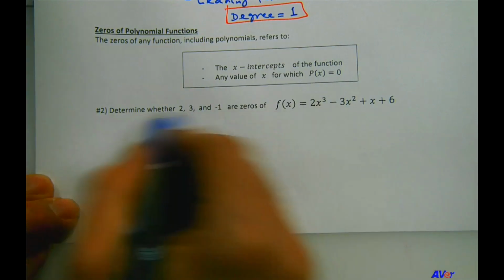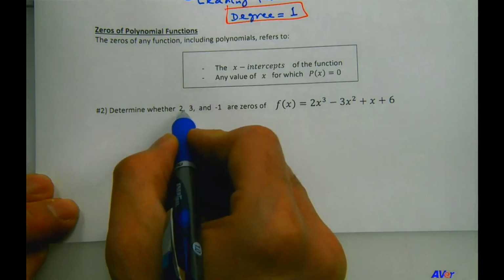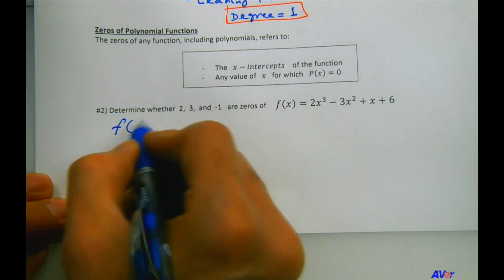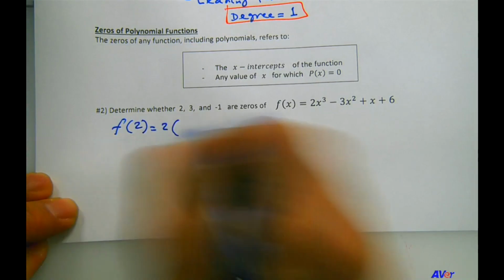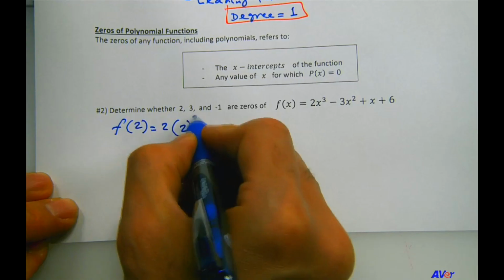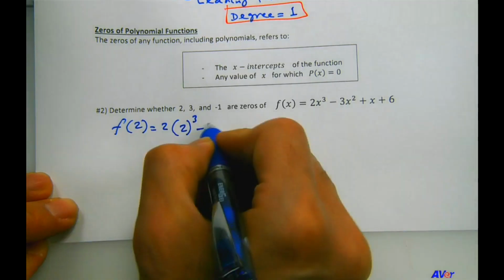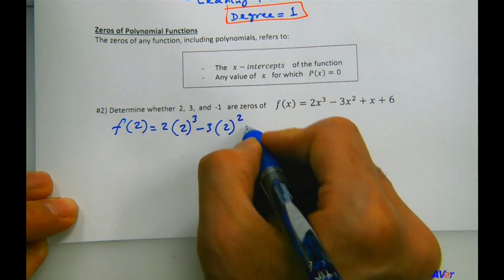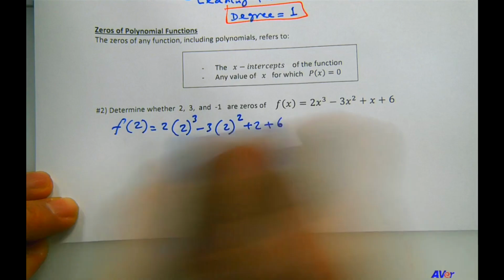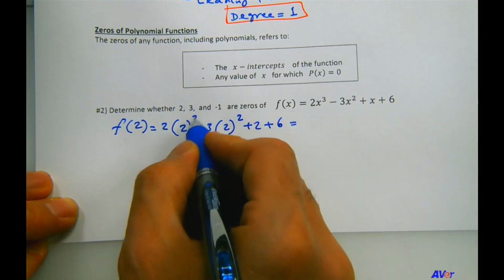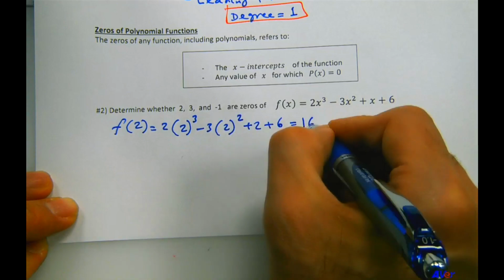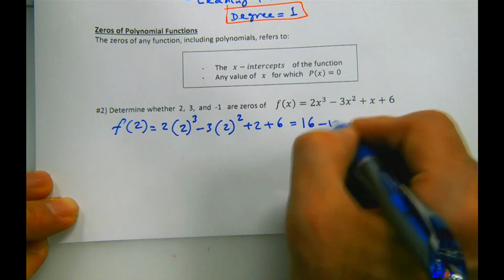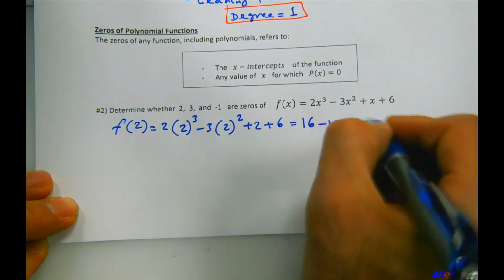To find whether these are zeros of this, we need to evaluate the function at each of these quantities. So function f at 2 is equal to 2 cubed minus 3 times 2 squared, right? I'm evaluating this function at 2. Plus 2 plus 6. So what do we have? We have 2 cubed is 8 times 2 is 16. 2 squared is 4 times minus 3 is minus 12, plus 2 plus 6.